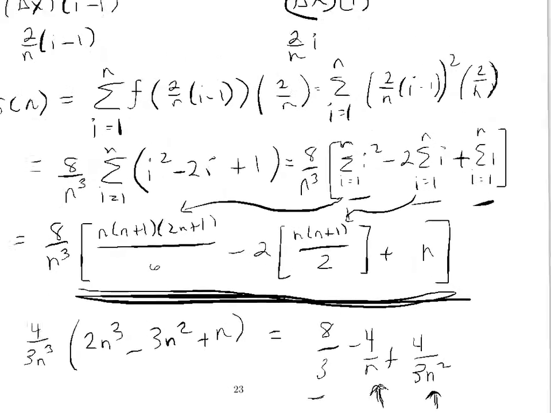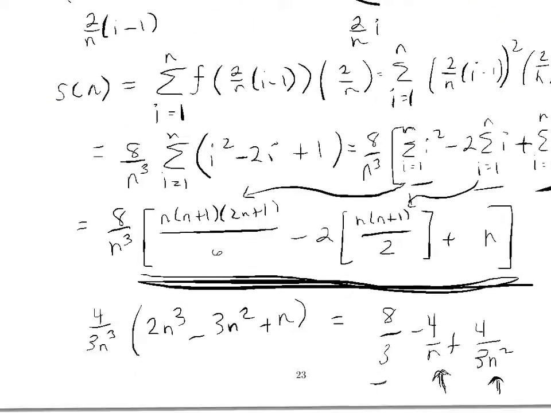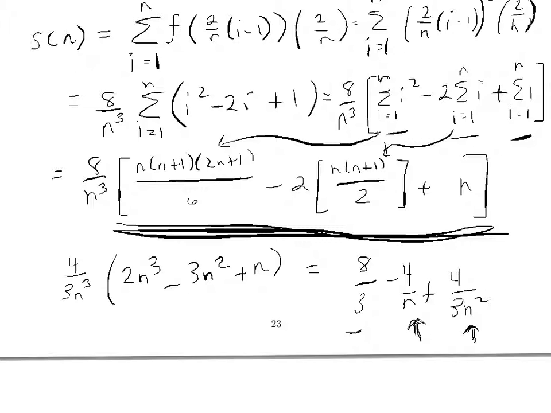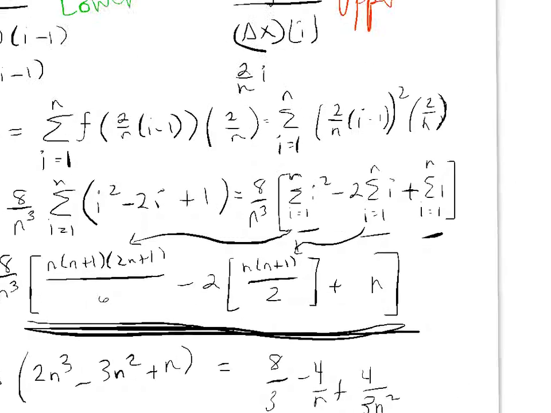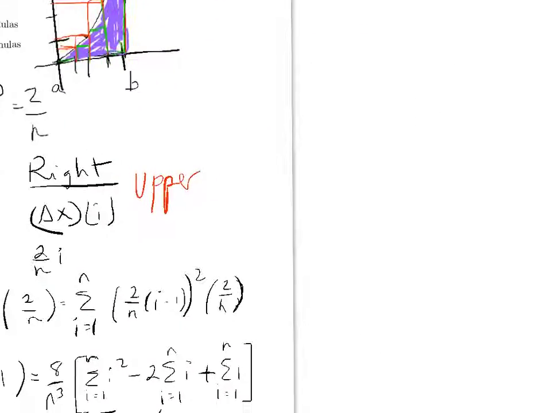So all that work is only half our problem. The second half is our upper sum. The upper sum is actually easier. Let's see if we can do this over here.